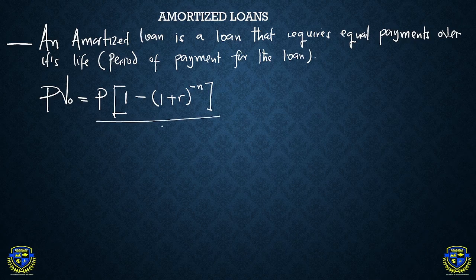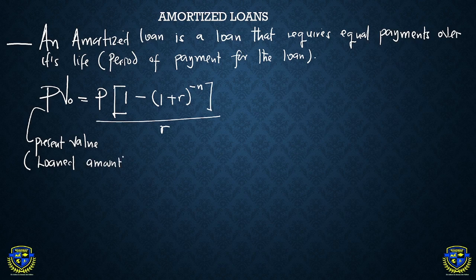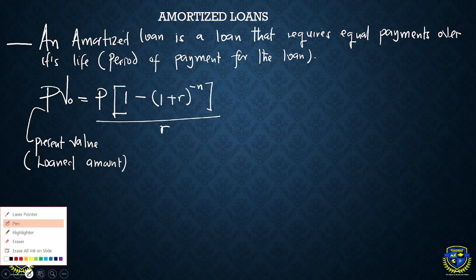over R. Now, the PVO is being described as the present value, or the so-called loaned amount. Then we have the P there.